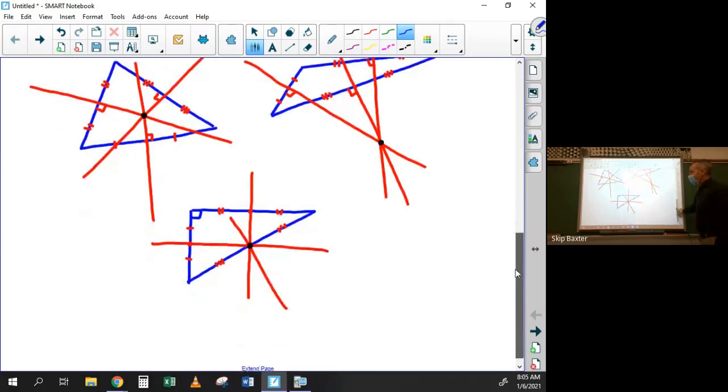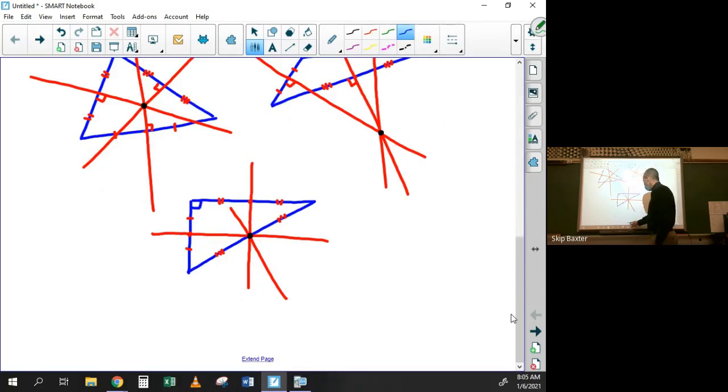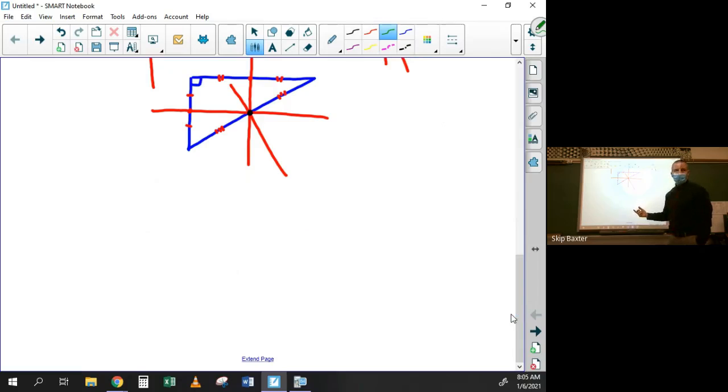Okay? In any case, there's an important property of the circumcenter. Here's the fact, which I think is kind of interesting.